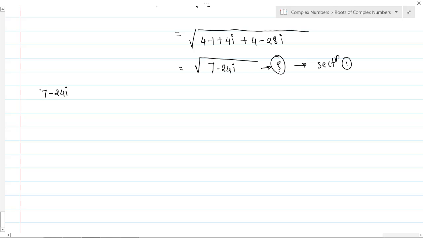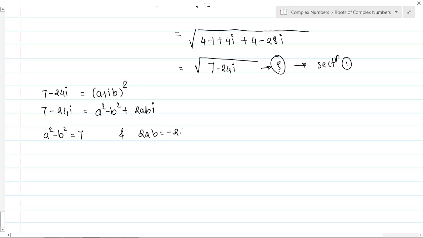If I take the squares on both sides, I will have (a plus ib) whole square. If you have not seen the last video, please go through that and you will understand what I am doing here. Which is equal to a square minus b square plus 2ab into i. So let's separate out the imaginary part and the real part. So I will have a square minus b square equals 7 and 2ab equals minus 24.